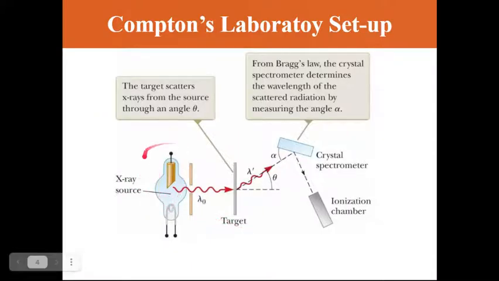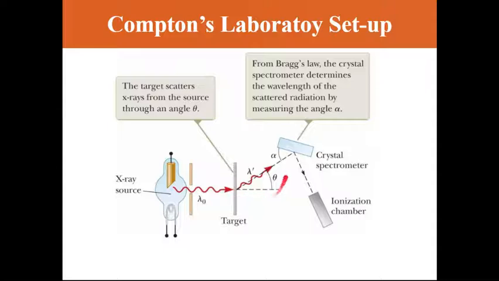You have a way to produce X-rays through some probably radioactive material or some kind of light, and that's going to strike electrons that are bound to some metal target.